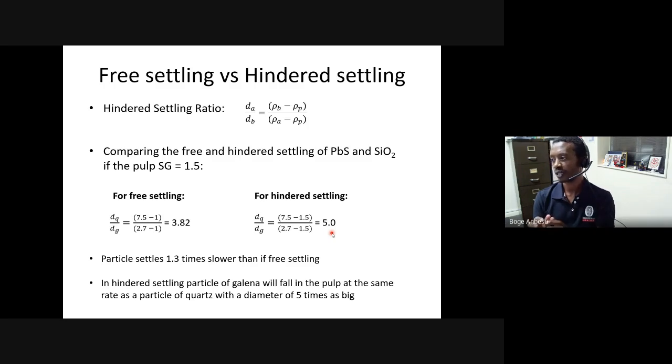And therefore there will be a lot of differences in terms of the impact of density and size on separation performance. So in hindered settling condition, a particle of galena will fall in the pulp at the same rate as a particle of quartz which is about 5 times more in size.